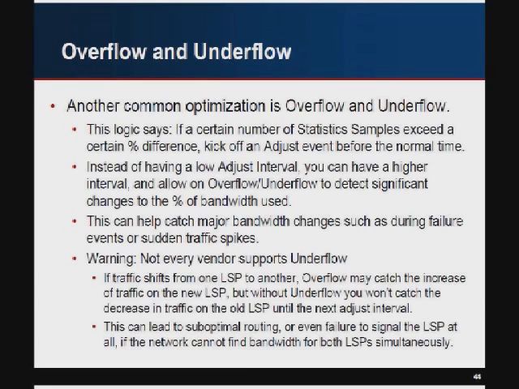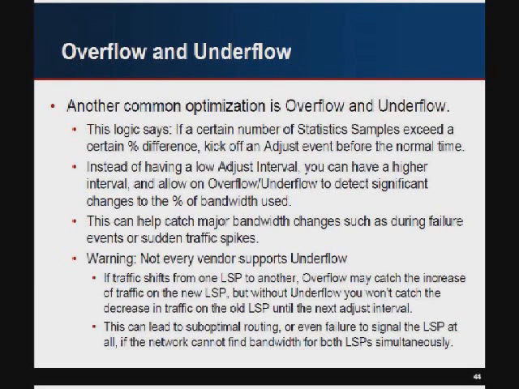Most vendors also implement one of the two or both, overflow or underflow. Basically this is an optimization, so you don't have to set your adjust interval to something really, really low, because every time that happens you're potentially resignaling. So you have a higher adjust interval, but during this adjust interval, you're also keeping tabs on the bandwidth.